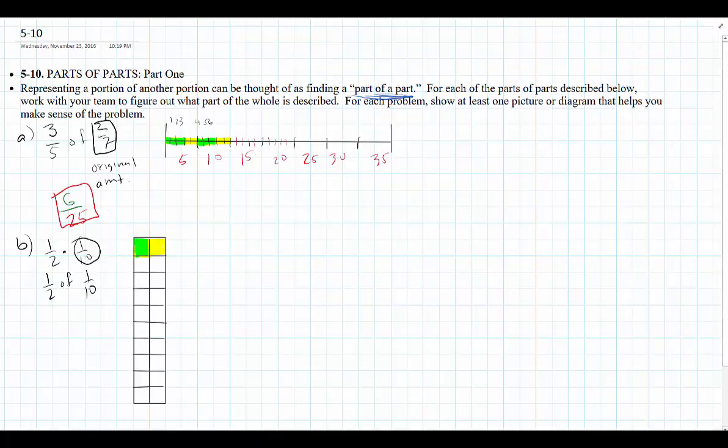We have 1/2 of it. So all together what we have is 1 out of, okay, it's not 1 out of 2. 1 out of 2 is just 1/2. We need 1/2 of this whole thing. So now we have 1 out of, well, there's 10 on this side, there's 20 here. So 1 out of 20. Okay, so 1/2 of 1/10 is 1 out of 20.